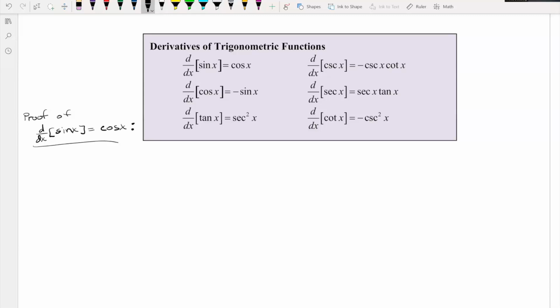That's what we're going to prove right now. So here we go. Derivative with respect to x of sine x, using our limit definition, the limit as h approaches 0 of sine of x plus h minus sine of x all over h.